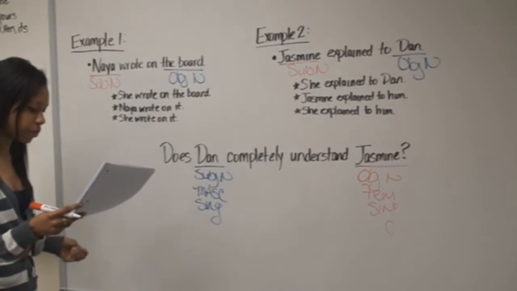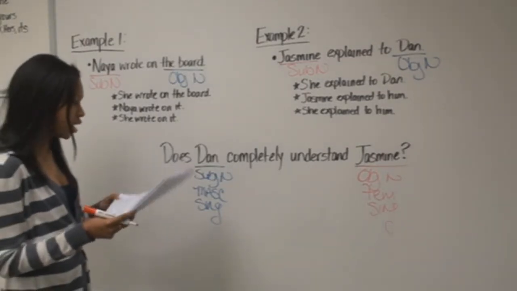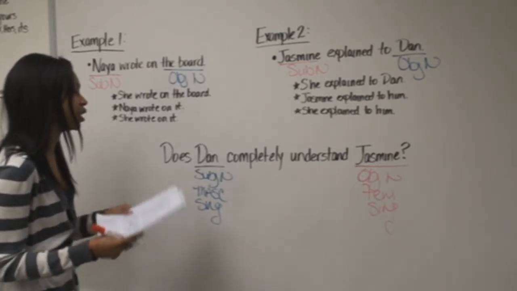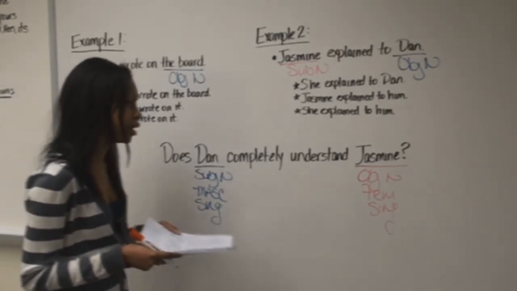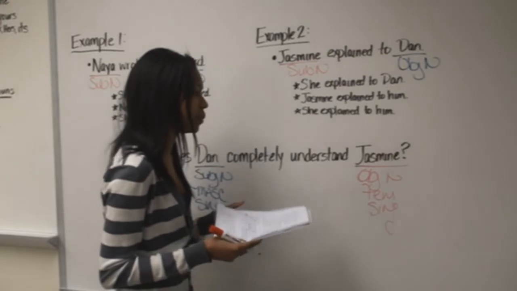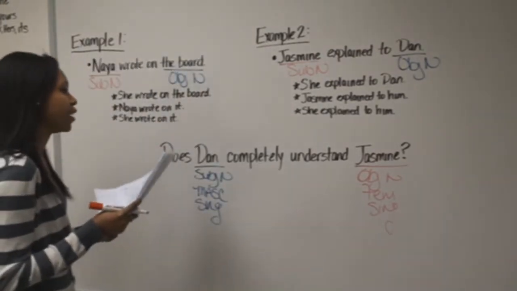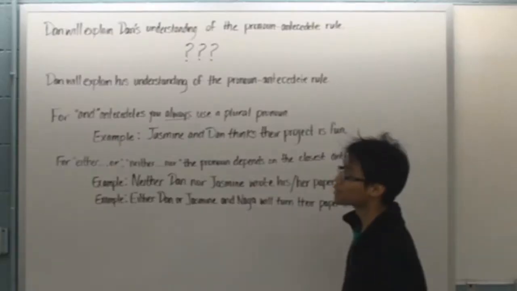Now with this, you will replace Dan with another subject pronoun that's masculine and singular, which would be he, and Jasmine with another object pronoun that's feminine and singular, which would be her. And the sentence would read, does he completely understand her?